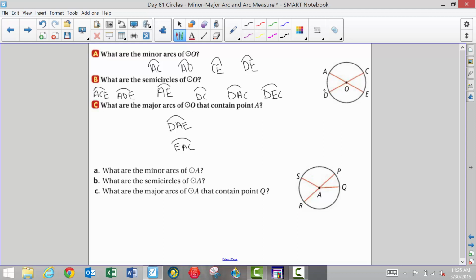Again, D to A to E, so we have this arc right here, and it's greater than 180 degrees. In red, I'll show you EAC, E to A to C. Those are 2 major arcs that contain point A.